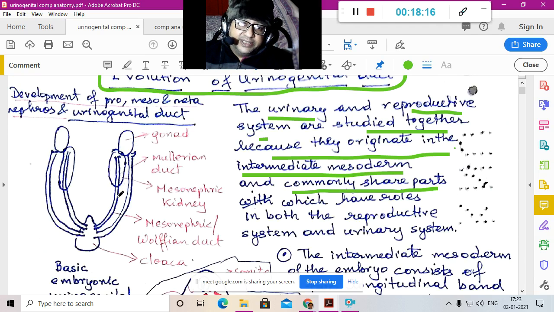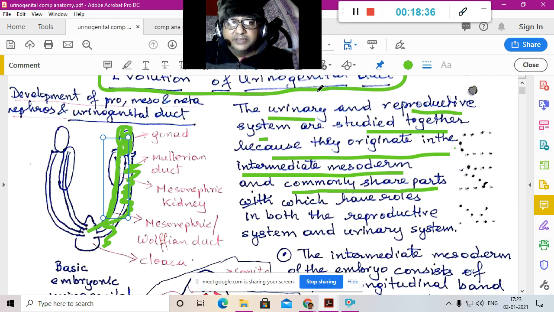From the testes, this mesonephric duct, or Wolffian duct, makes direct contact, and this Mullerian duct is lost. From the testes you find this particular duct coming out, and this becomes the Wolffian duct. The Wolffian duct connection becomes like this. The kidney is also here, don't forget.